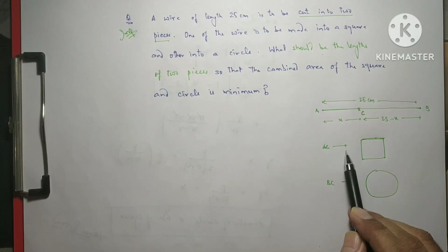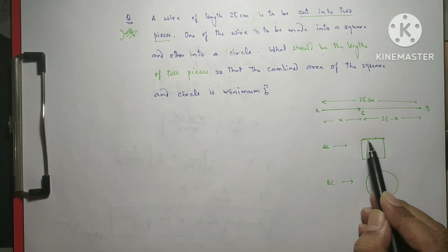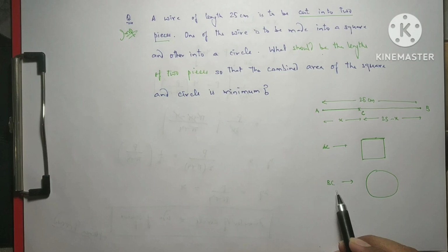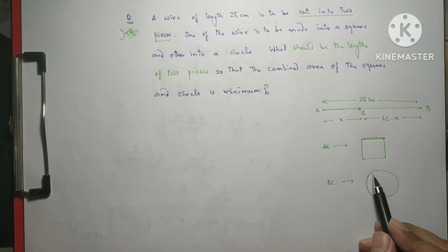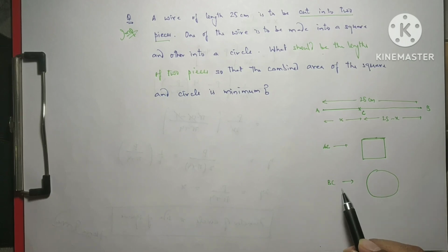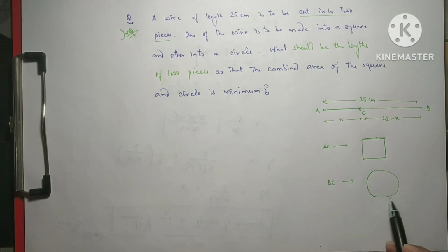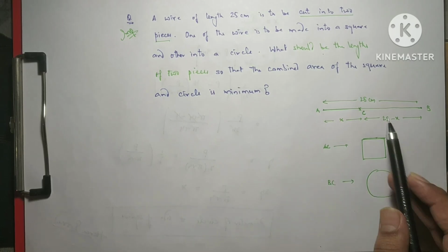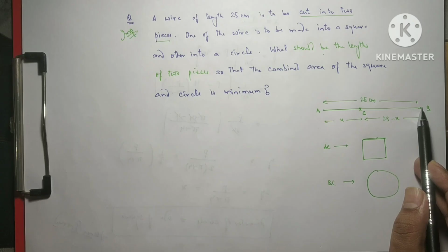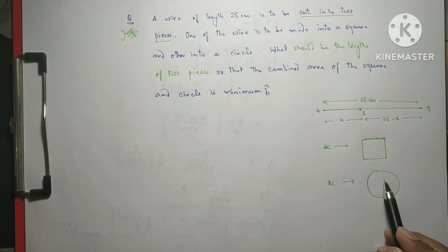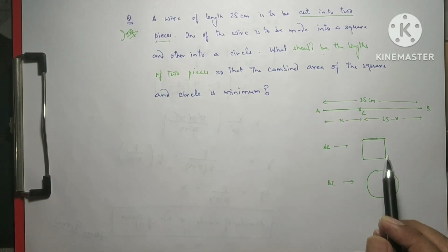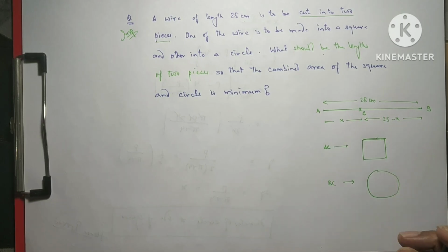So part AC is converted into a square and part BC is converted into a circle. So we have a circle as BC, and the circumference of this circle is 25 minus x. The length of AC equals the perimeter of this square.